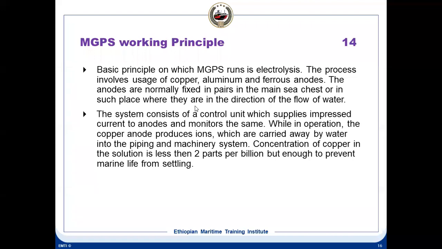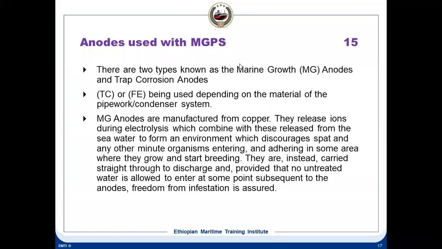The concentration of copper in the solution is less than 2 parts per million, but enough to prevent marine life from settling. You will find MG anodes and TC anodes.